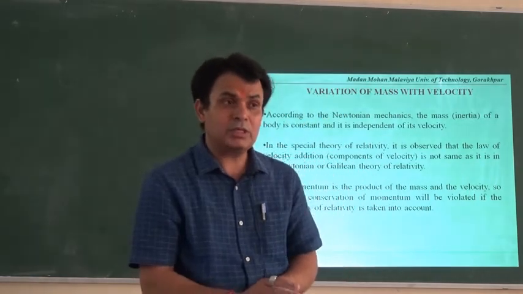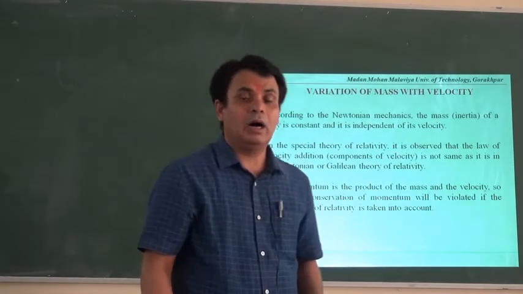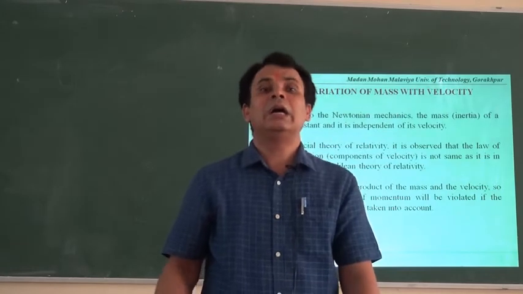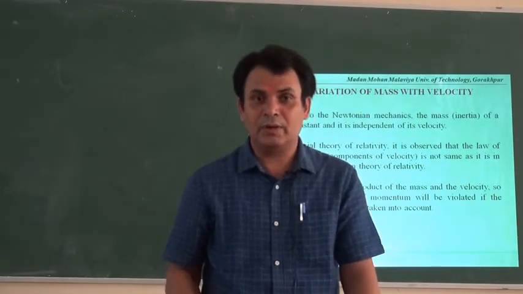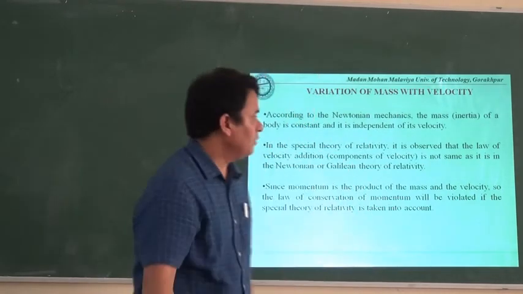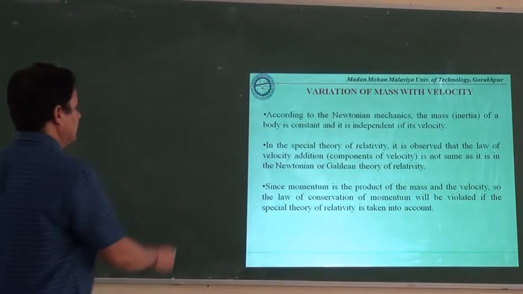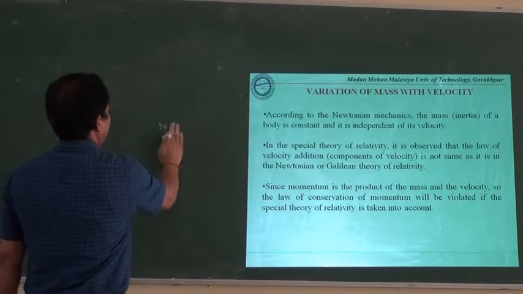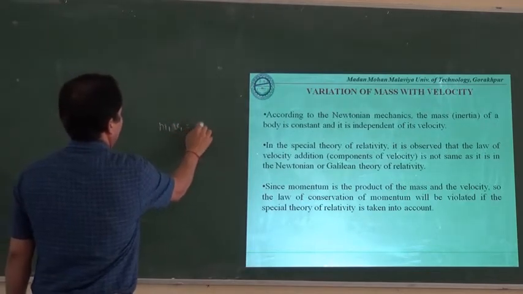That's why it must be preserved under the postulates of the special theory of relativity, or under the relativistic transformation equations also. That's why if anyhow we write that m1v1 is equal to m2v2.